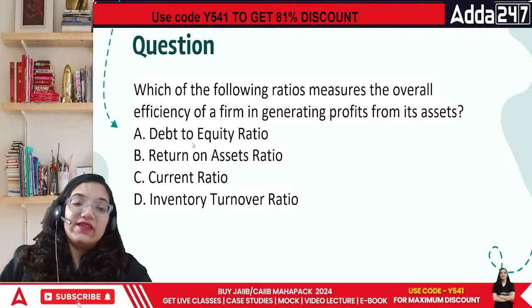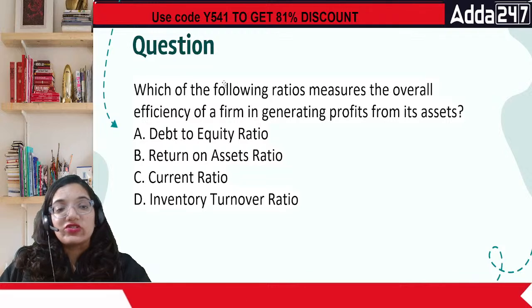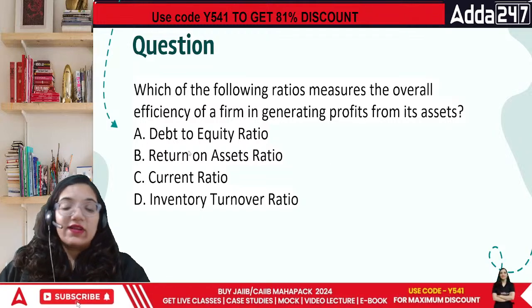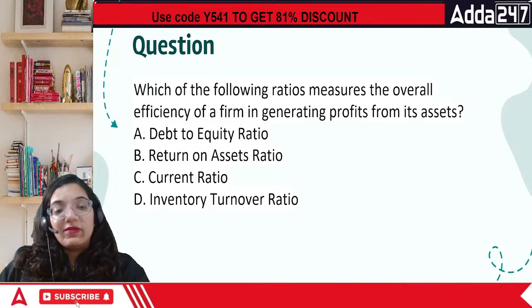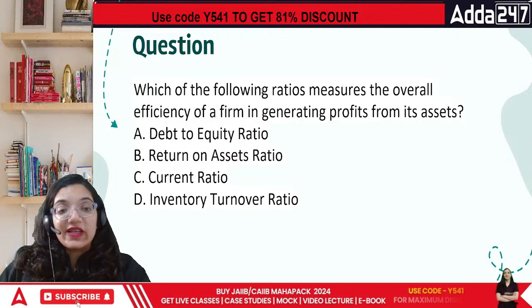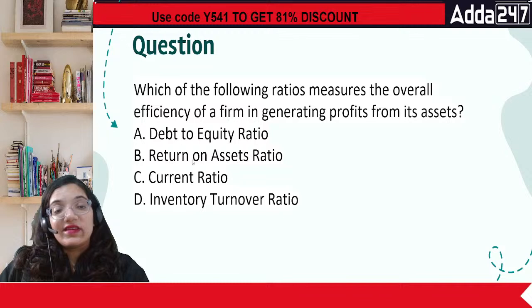So in this case, the next one is inventory turnover ratio. If I ask everyone, what do you mean by the term inventory turnover ratio? How many times, when you are thinking to sell the particular goods in the market, are you producing that thing?